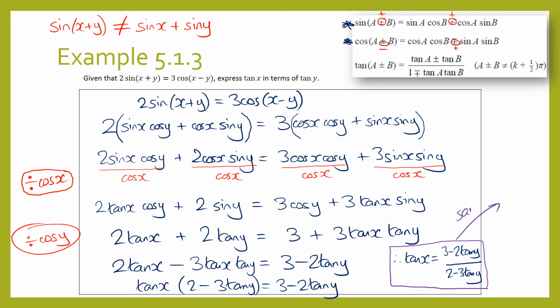So another answer you might have got is 2 tan y take away 3 in the numerator, and 3 tan y take away 2 in the denominator. So these are just equivalent fractions, because if you multiply top and bottom of this by -1, it gives you that other version, and vice versa. So either of these two versions are correct, and that is tan x in terms of tan y, written as an expression in terms of tan y.